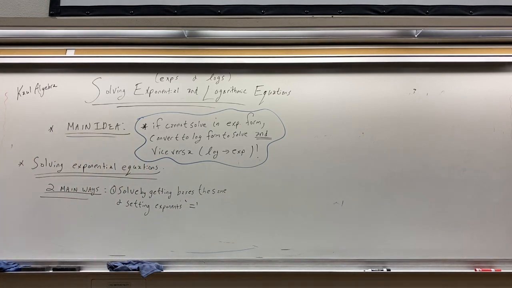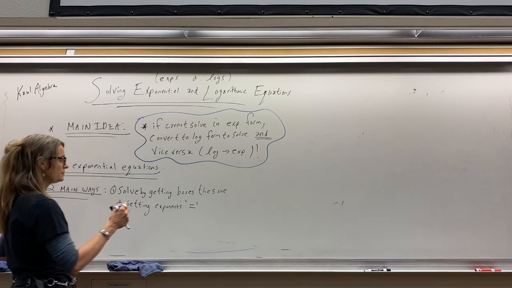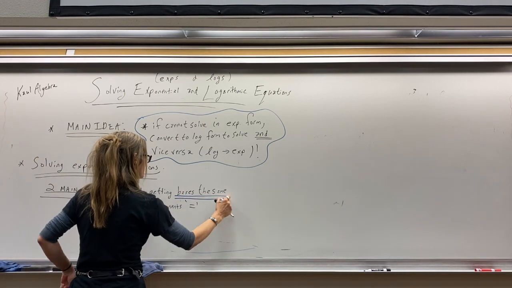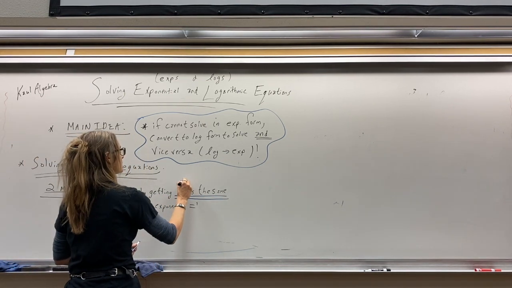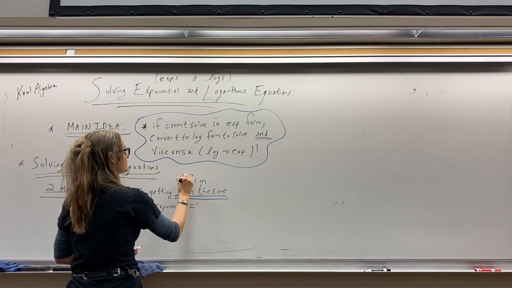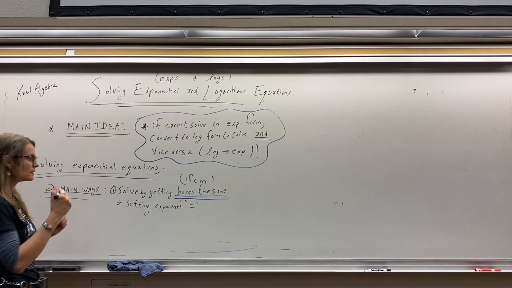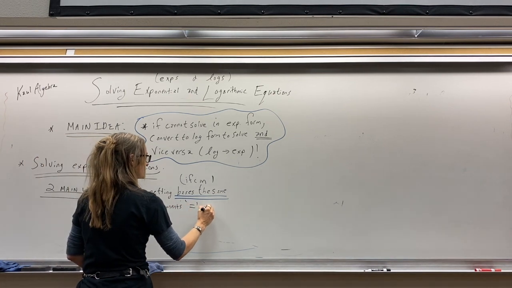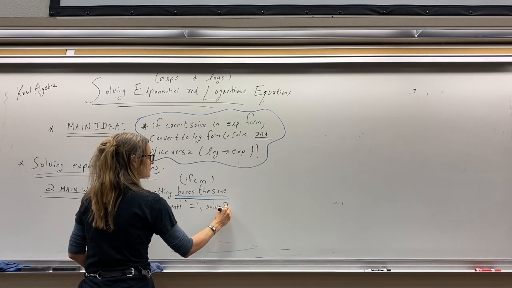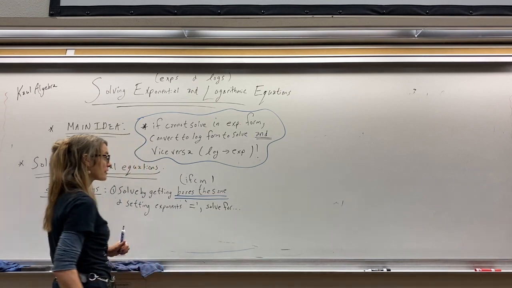That's when you can get the bases the same. If you can get the bases the same, you set the exponents equal and then solve for x, or whatever the variable is.